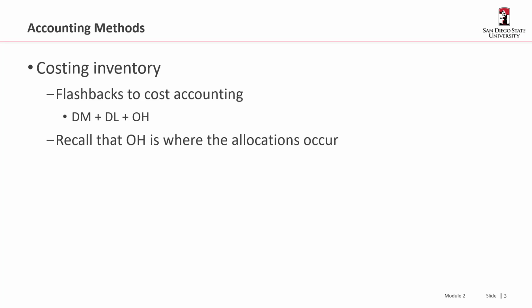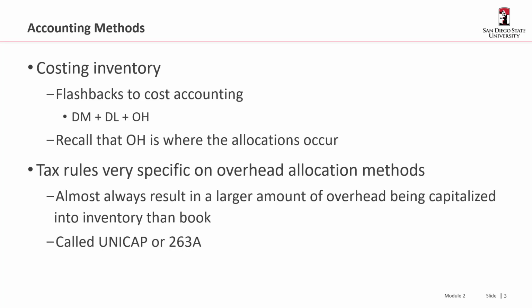So we take all these expenses that aren't directly associated with inventory, but a piece of them become associated with inventory. Well, the tax rules are very specific on overhead allocation methods. And in almost all instances, they're going to result in a larger amount of overhead being capitalized in the inventory than booked. So think of it as the expense is rent.